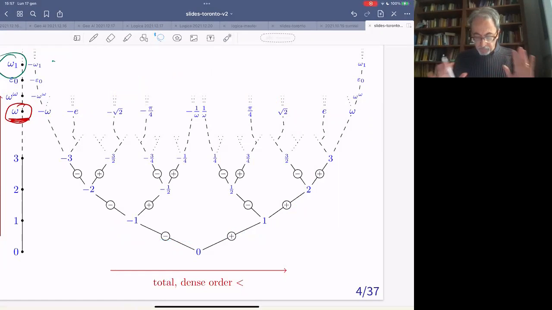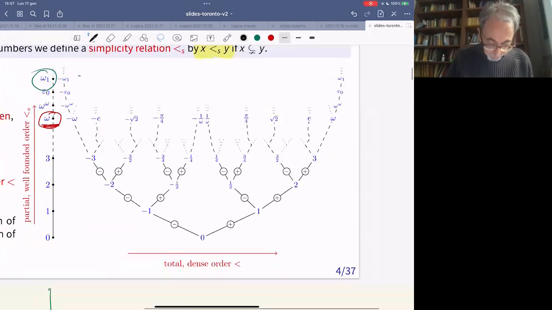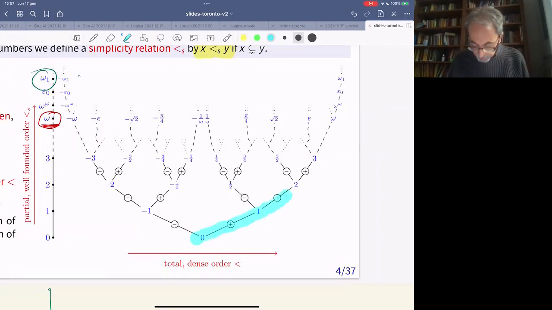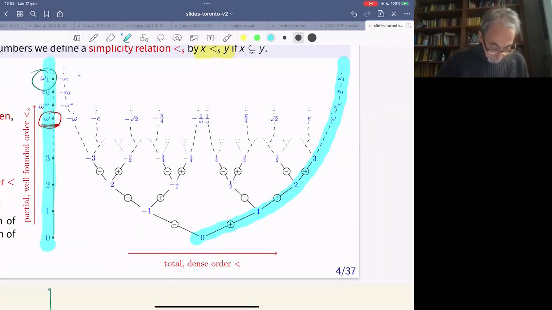Now, this is very, very basic. Let me just remark that on the rightmost branch, you have exactly a copy of the ordinal numbers. You see, 0, 1, 2, 3, and then at some point you have something which is called omega, which can be essentially identified.